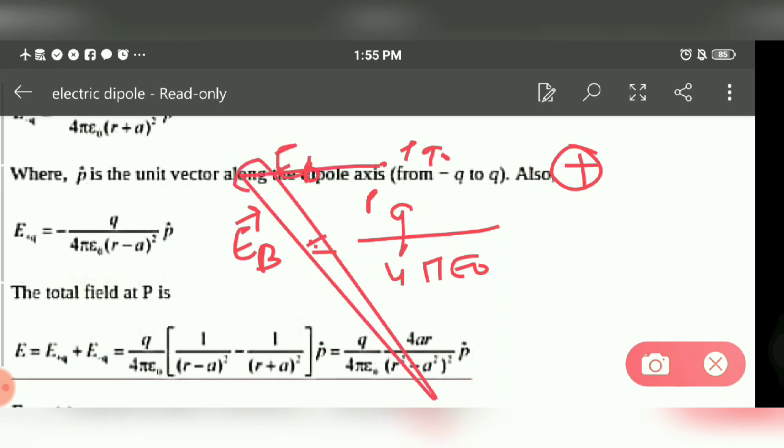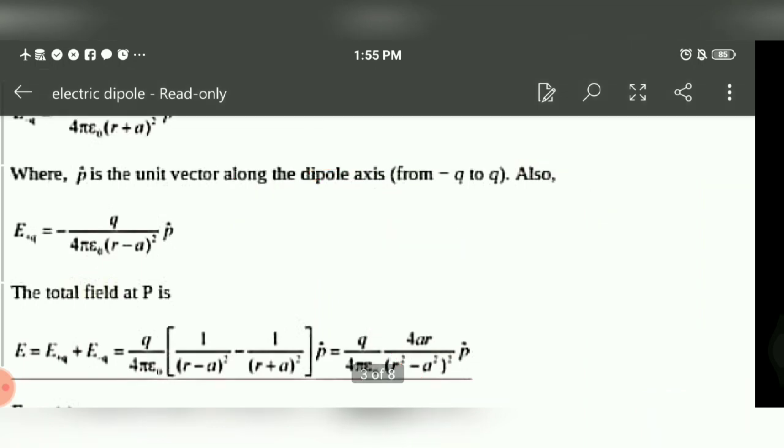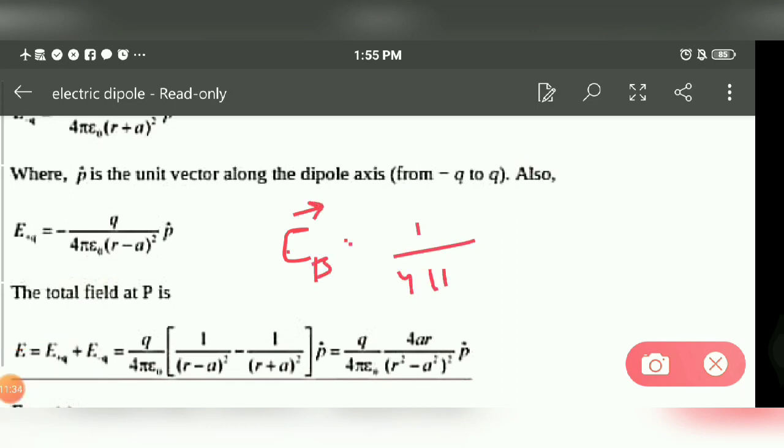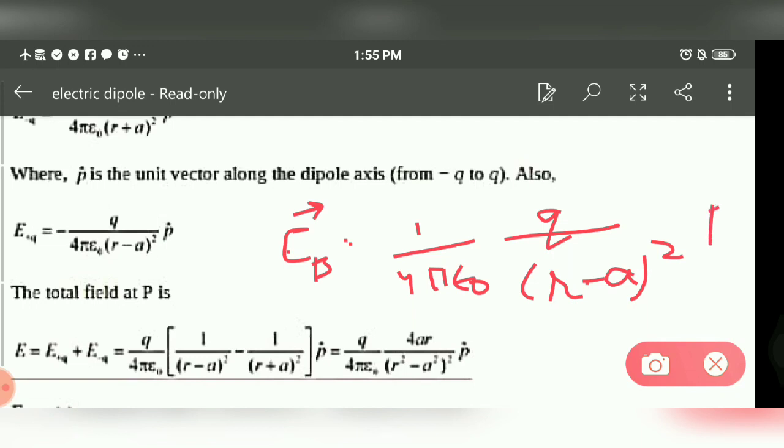This is EB. As P was already in this direction, both are in the same direction, so we take a positive sign. EB equals 1 by 4 pi epsilon naught, Q by R minus A whole square. No negative sign is required over here, and we take just P cap.